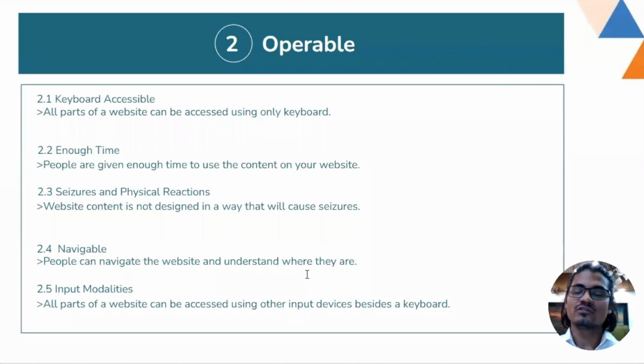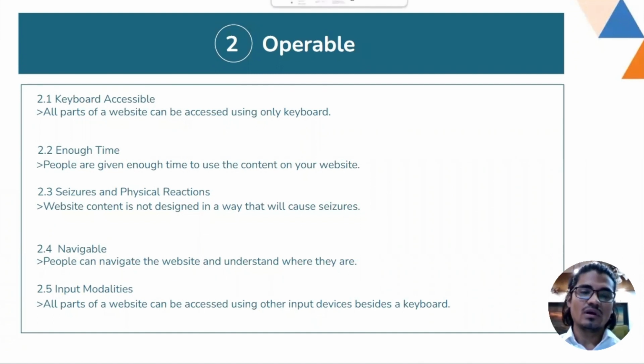So you have to follow the standard content rules. So our next rule is 2.5, input modalities. So what is this? Like before, I was talking more about keyboard accessibility, like how with a keyboard we can use our site.